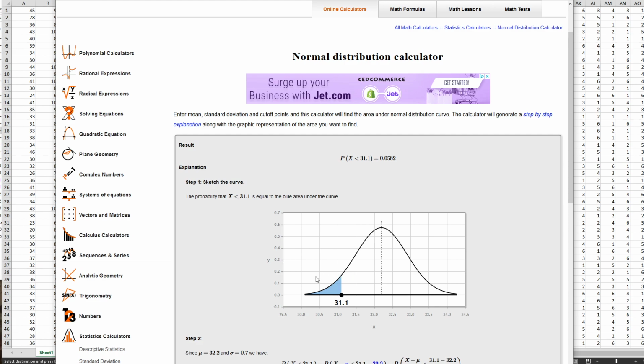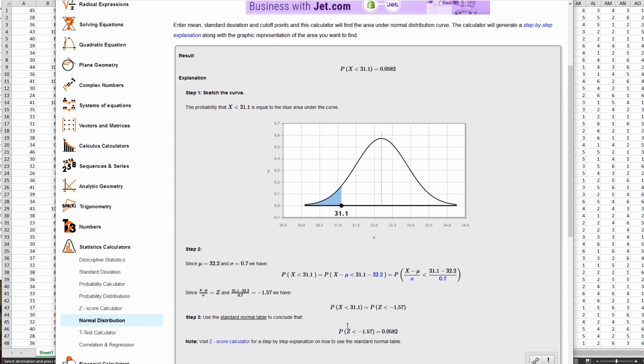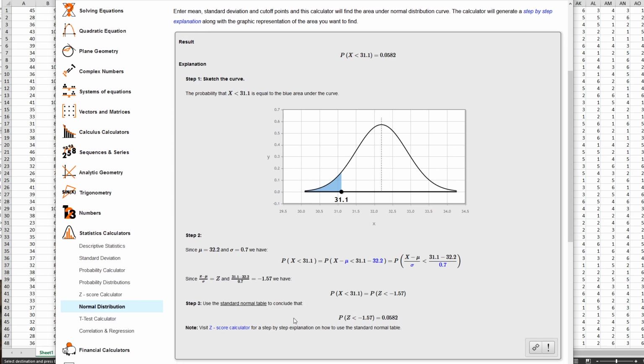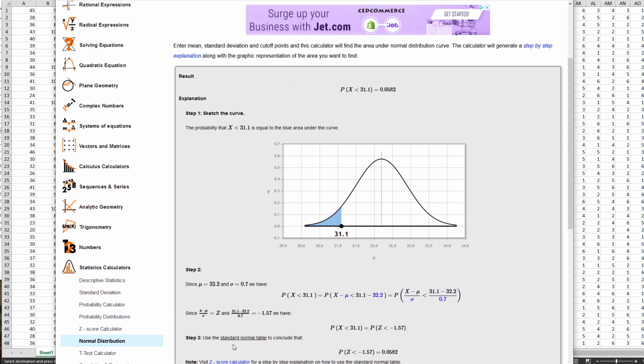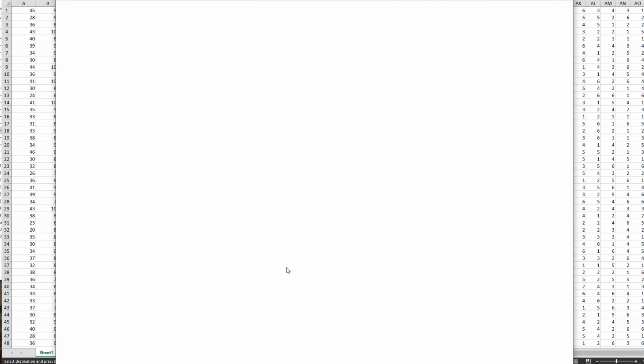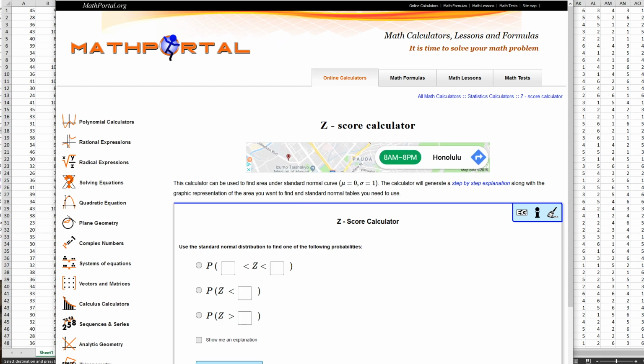You would need a z-score to have a standard normal. And it does the calculation for you. Visit the z-score calculator to look it up, and then if we click on it, we get back to what we were. So again, the tools are available.